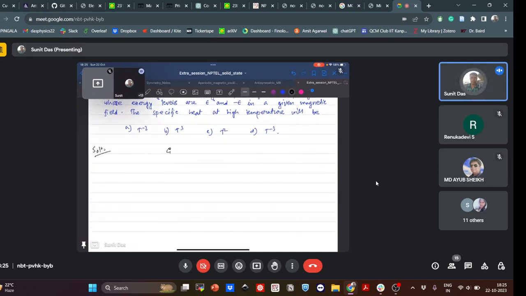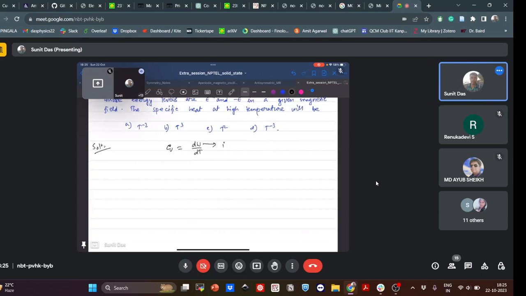So specific heat Cv, one of the ways to get it is dU/dT, where U is the internal energy and T is just the Kelvin temperature.